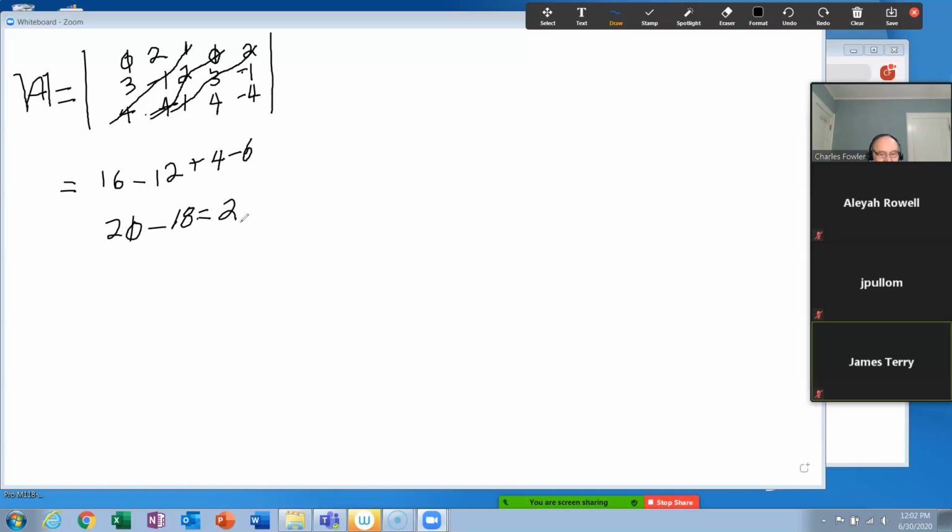Okay, so let's move on to triangular matrices. Haven't we hit these before? Earlier we called them upper and lower triangular matrices. That's exactly what we're talking about here. When they say triangular matrices, it's either going to be an upper triangular matrix, which has to be a square matrix.